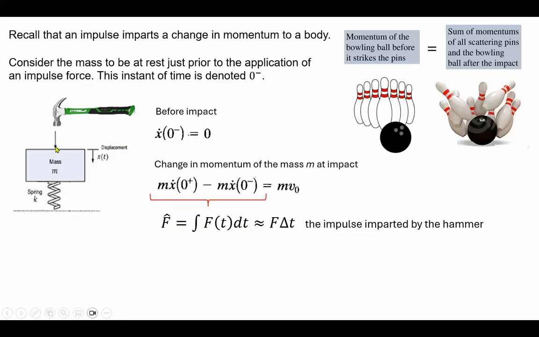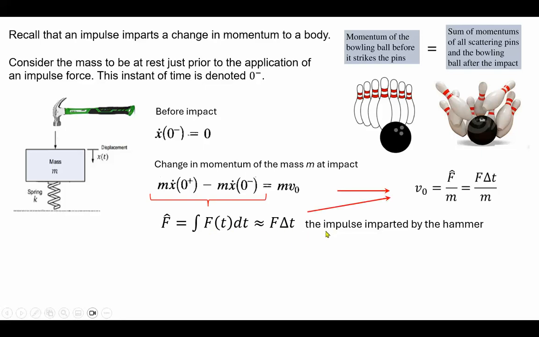For a short duration, we can replace the integral of f of t dt with f delta t. Keep in mind that the first term is zero, and therefore we have m v naught equal to f delta t.